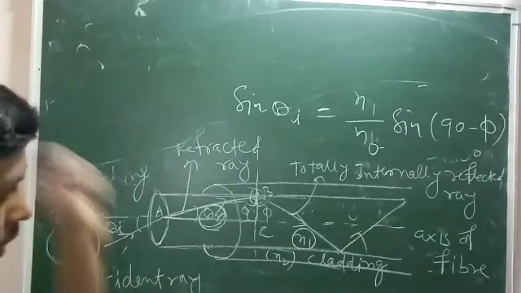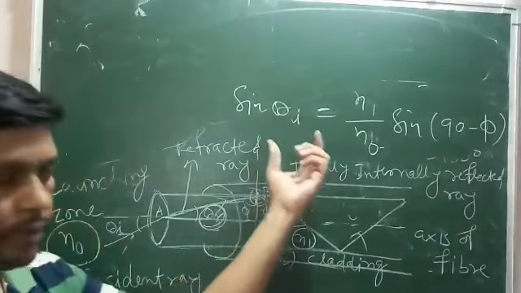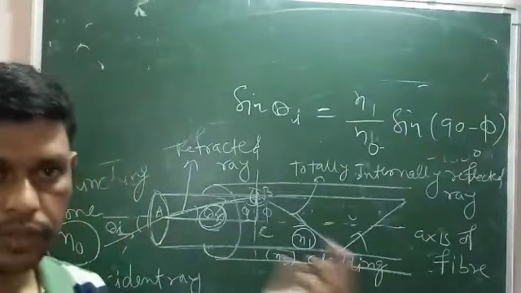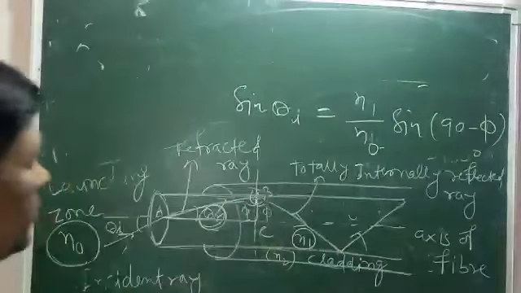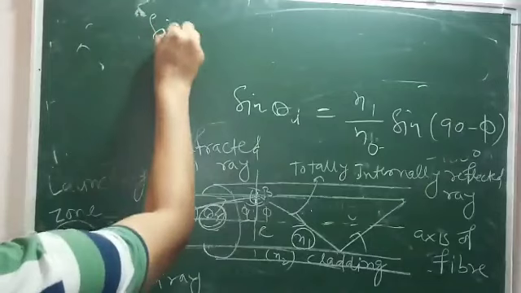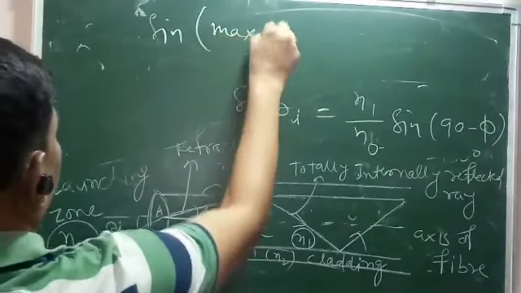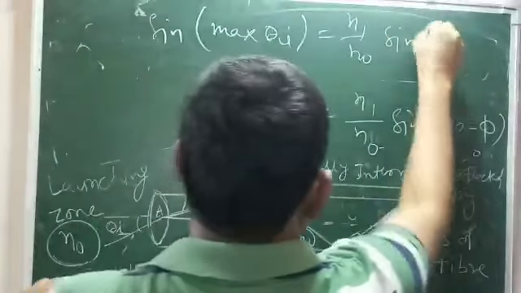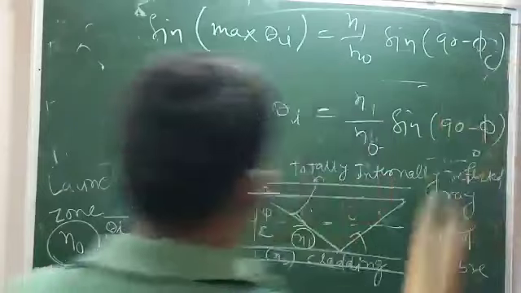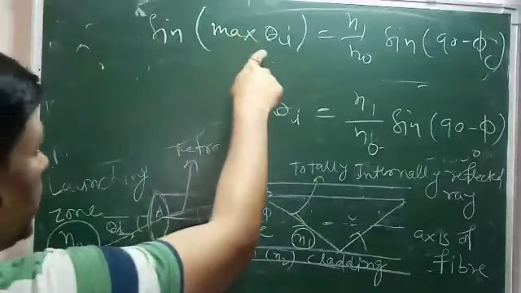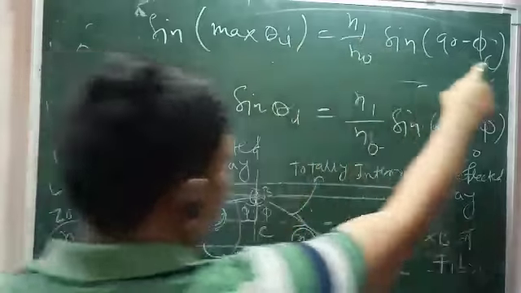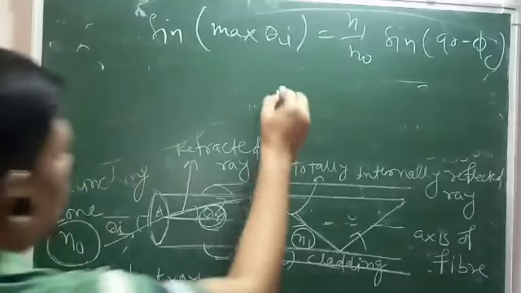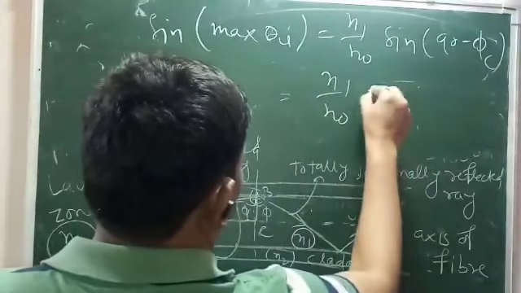So when we consider the maximum theta i, which is called the acceptance angle in fiber optics, which is discussed later, now consider sin of maximum theta i is equal to N1 by N0 sin of 90 minus phi c. Here we write phi as phi c. So this equation becomes N1 by N0 cos of phi c.